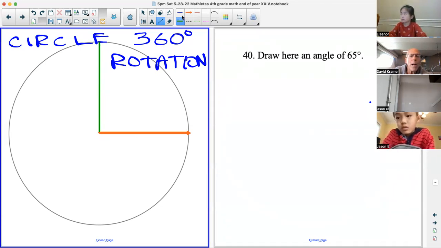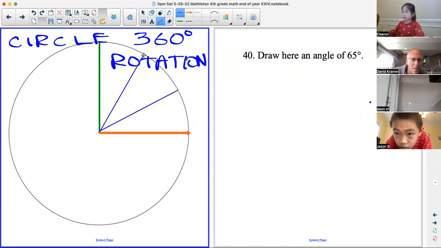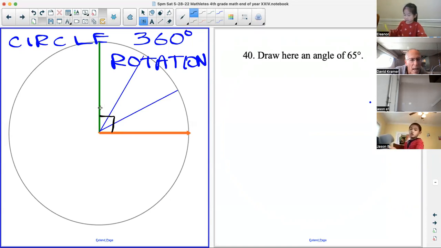You do know what happens when I split that up into 3 equal pieces. So if the big angle is 90 degrees and each of these angles are equal degrees, can that help you draw a 65-degree angle?